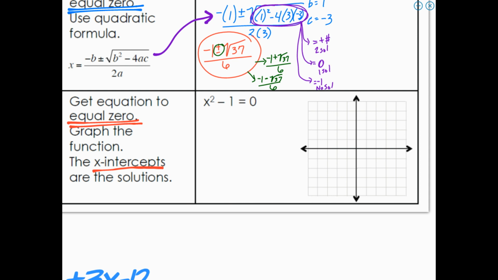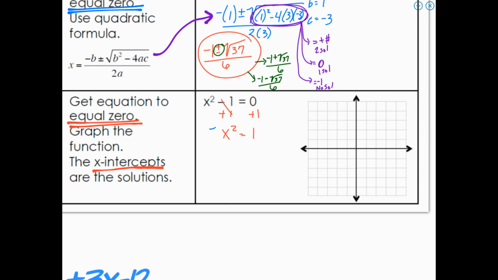This one, if I were not going to graph it, if this was not my example for graphing, what would be the easiest of those three methods above it to work this one out? The quadratic. No. That first one? Yeah, the first one, because if I add 1 to both sides, I would have x squared equals 1.